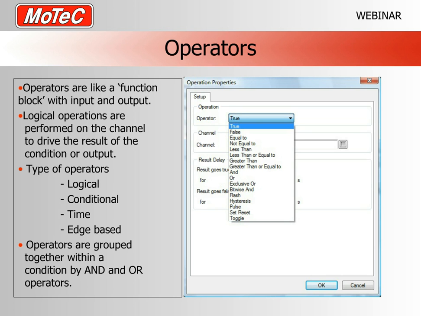So on our right-hand side of this screen, we can see a whole list of these operators. And as you can see, there's a true, a false. These are simple basic logic. And then we can get down to making comparisons like equal to or not equal to, greater than, etc. So I'm going to go through each of these in order, and we're going to be able to see just how the interaction works for each of these different types.